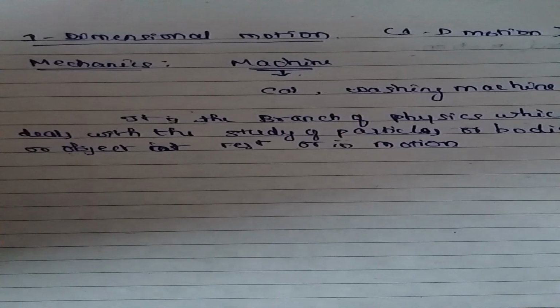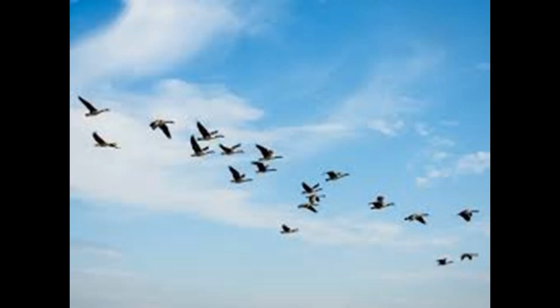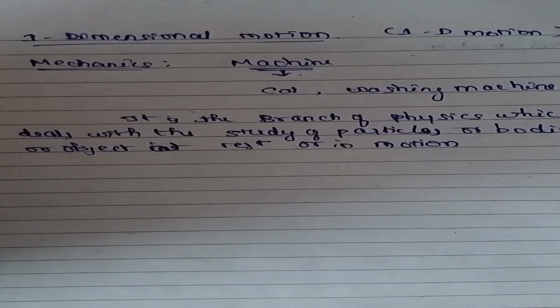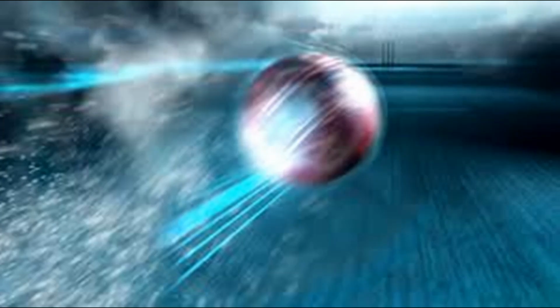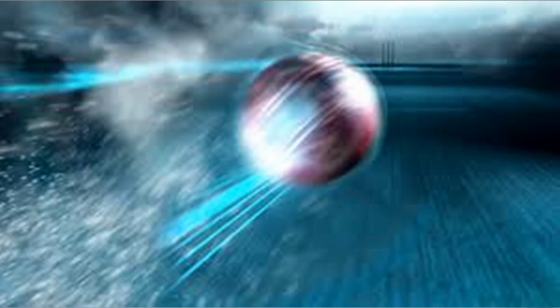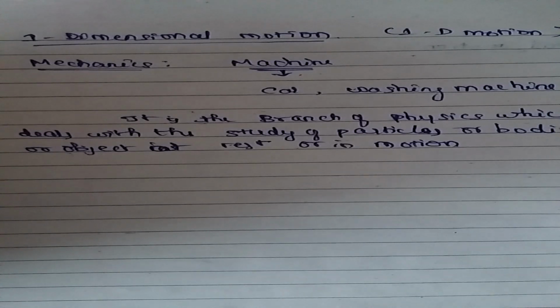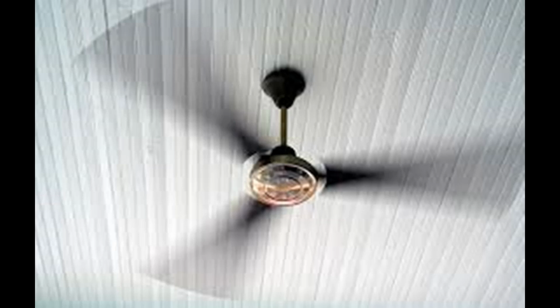The cricket ball is also moving from one place to another. Then there is a fan, which is one extraordinary case here. The fan is not moving from one place to another, but it rotates at the same place.